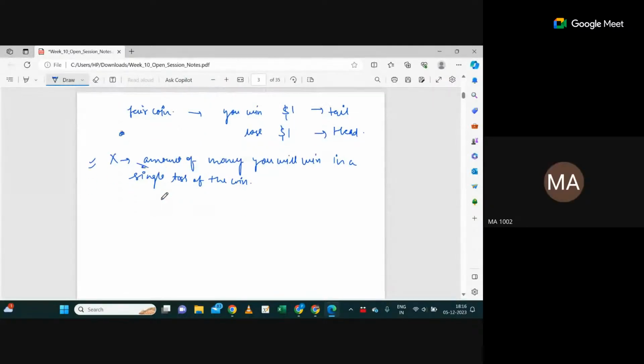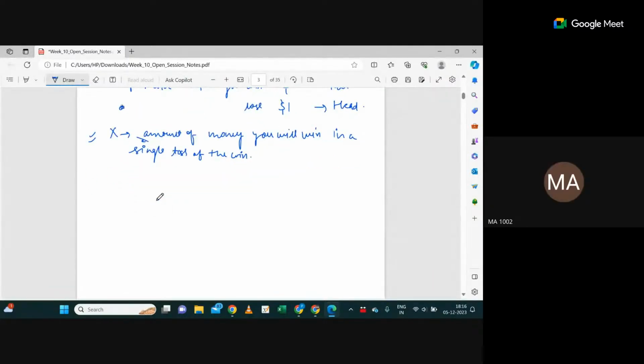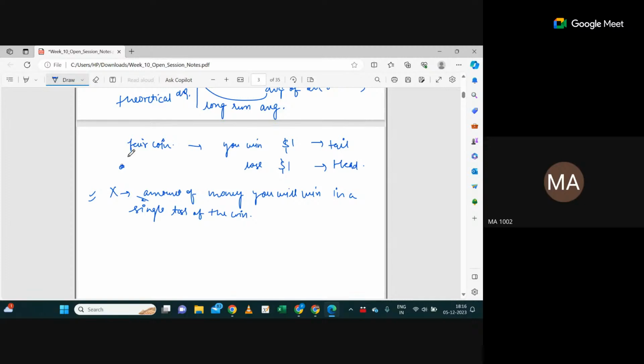Suppose there is a fair coin, and the game is you toss the coin and you will win $1 if tail comes, and you will lose $1 if head comes. I have defined one random variable: the amount of money you win in a single toss of the coin.